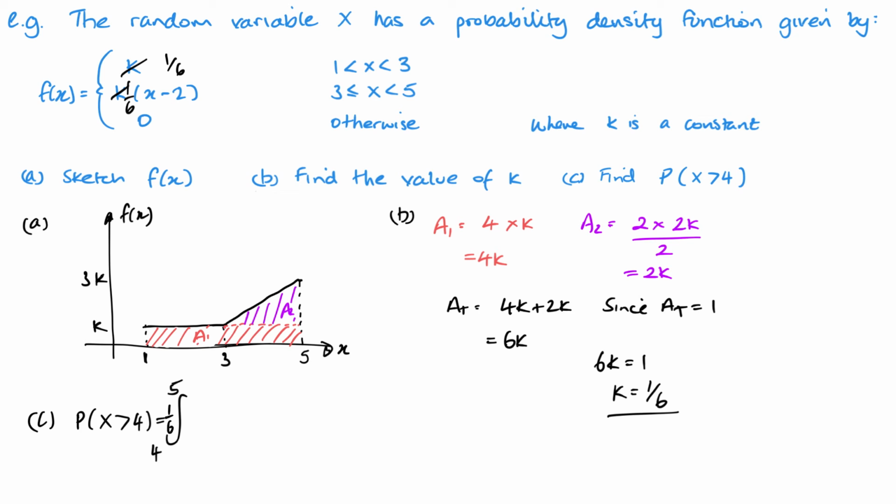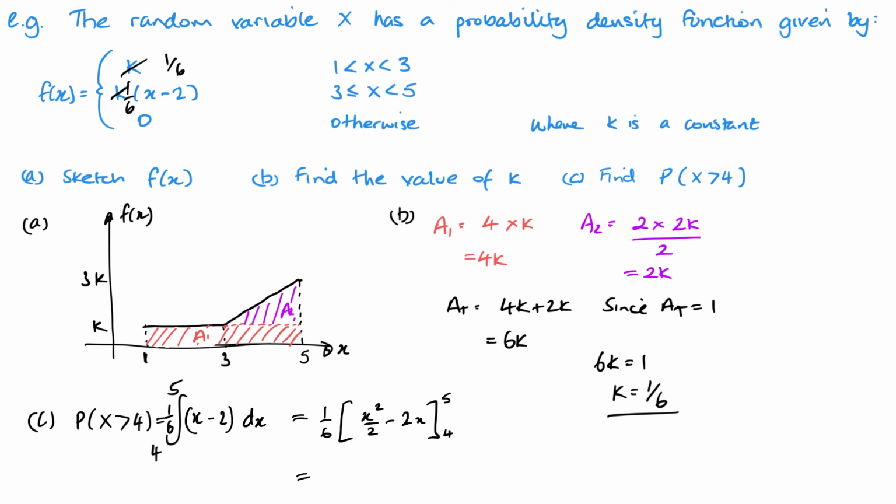We've got 1/6. I'm going to put that on the outside. You know I like to do that. And we've got x minus 2 dx. So let's look at now integrating this. And this will give me 1 over 6, x squared over 2 minus 2x, and of course this is between 5 and 4.